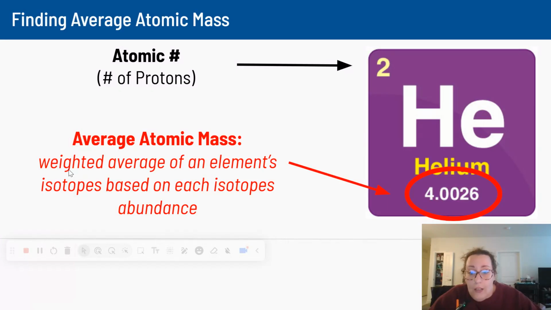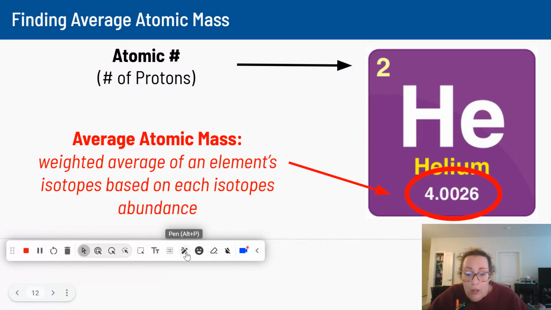What that means is that for isotopes that are very common, our mass is going to be closest to theirs. So for helium, our average atomic mass is 4.0026, which means that our most common isotopes for helium are going to be very close to the mass of 4.